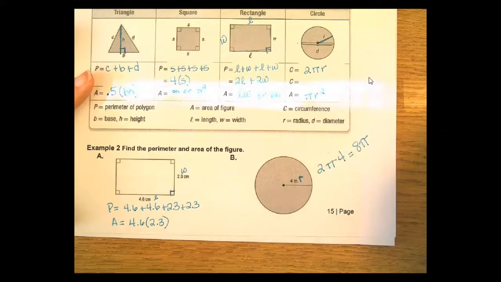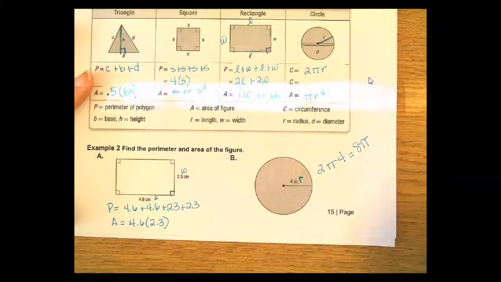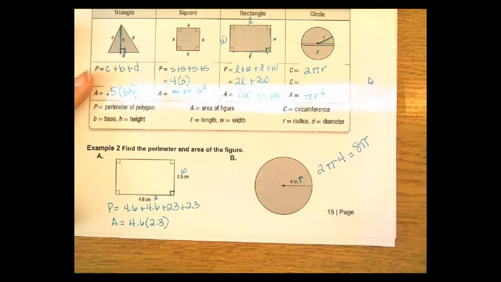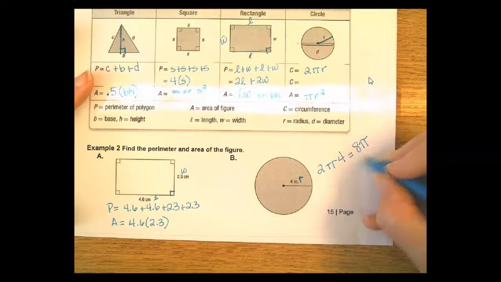Sometimes we want to keep it like that, and sometimes we want to solve that. Sometimes they'll say keep it with pi, or use this and round to the nearest hundredth, or whatever they ask for. Or they would tell you to use 3.14. That one can get a little tricky. You really have to pay attention to directions.